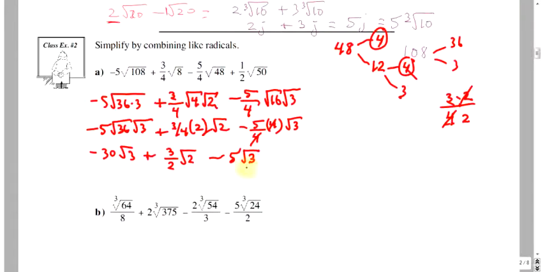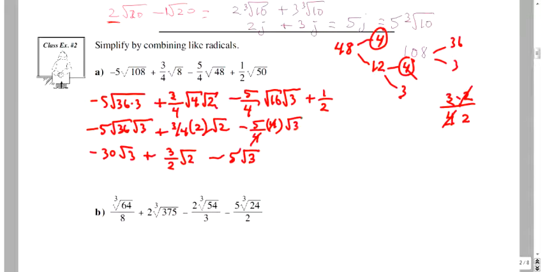Everybody okay with that? Three down, 1 to go. 1/2 root 50. Do I want to go 5 times 10? That doesn't help me.